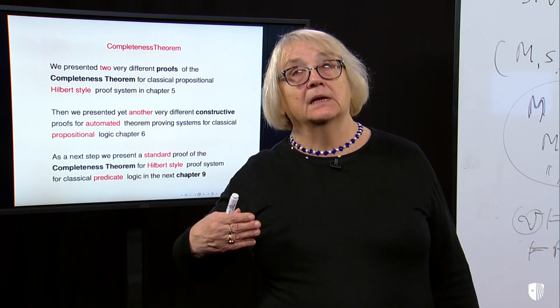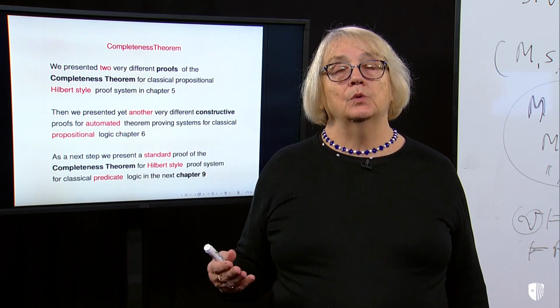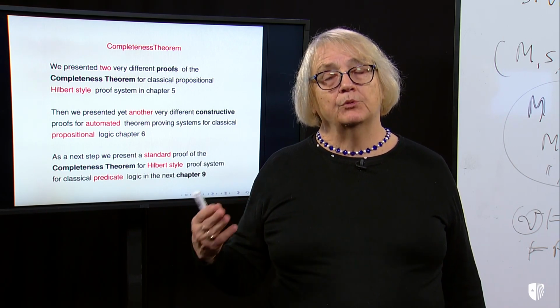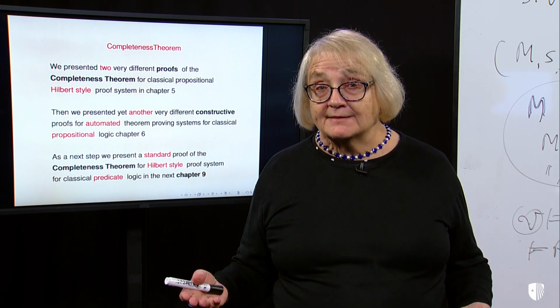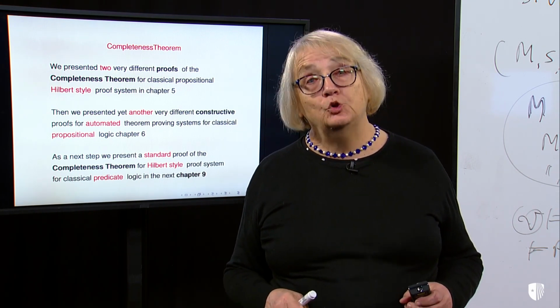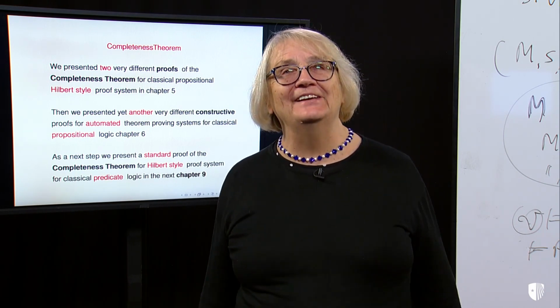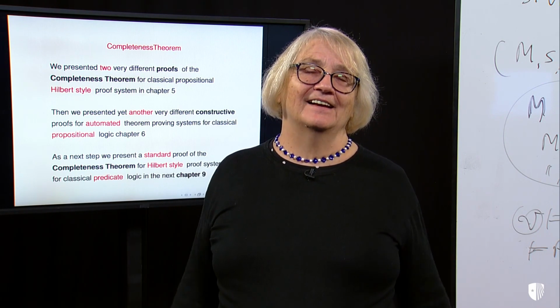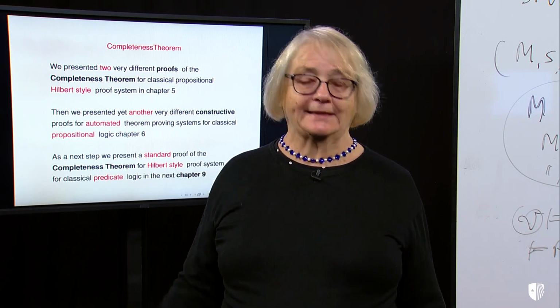And in chapter 10, we will do the automated theorem proving system QRS and prove the completeness theorem for that too. And you will see how much easier it is when you deal with Gentzen-style theorem proving systems. So that would be chapter 10.